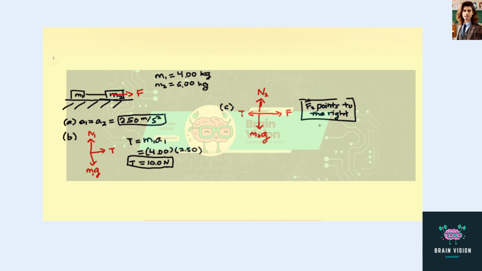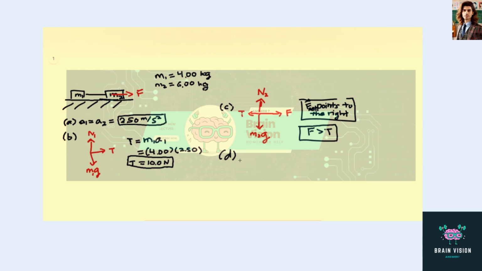And then they want to know the magnitude of F compared to T. Oh, sorry, this is not F2, but F net, the net force on mass 2. F net points to the right. And then the other thing they wanted to know was the relative magnitude. Of course, the applied force has to be greater than the tension force, or else the system would not move to the right. So we know that.